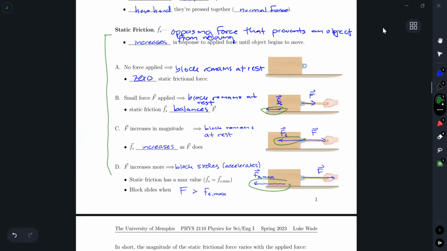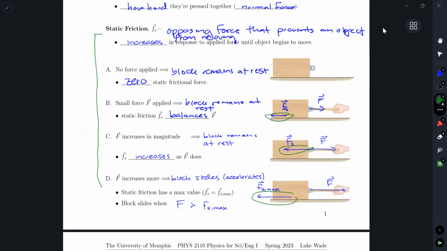That's a good question. If this thing is not moving, then it has to be the case that the horizontal forces are balanced. So if we've only got the one applied force to the right, friction's just opposing that. So we could say that the magnitude of the frictional force is equal to that applied force.